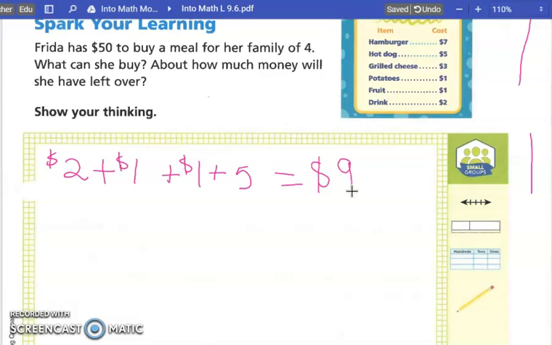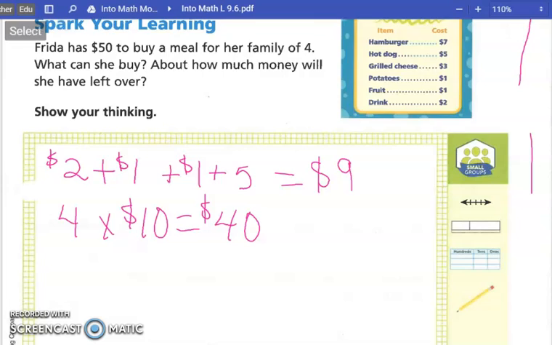So we said 4 persons at $10 a person would equal $40. Okay. So if they did a drink, a potato, a fruit, and a hot dog, how much money will Frida have left over?